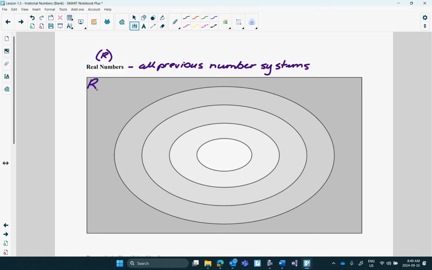No, there's 0. Right. Is every natural number a whole number? Is every natural number part of the whole numbers? Yes. Is every whole number part of the integers? No.